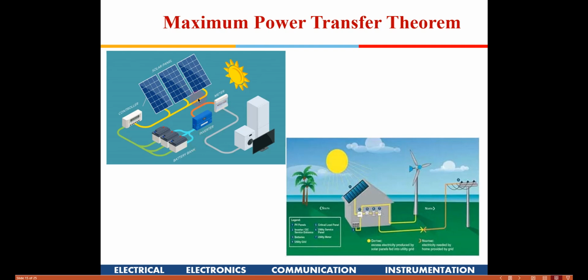There has to be some kind of matching of impedances between the source which is giving the power and the next stage. Now the source for this battery is the controller, and this is the load. From battery to inverter, the battery is the source and this is the load, and finally the inverter will be the source. So at each stage the energy is being transferred, and the role of source and load keeps changing.